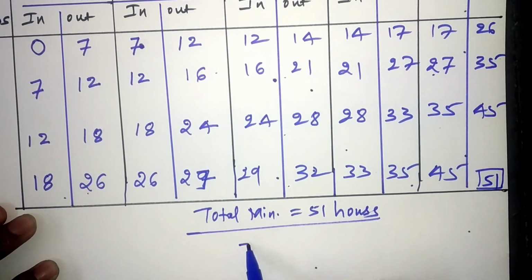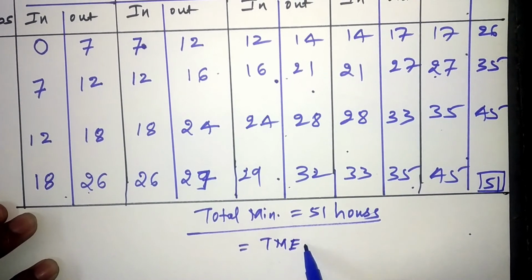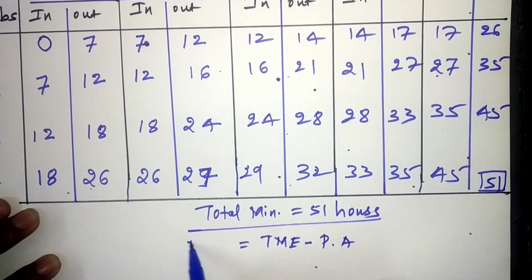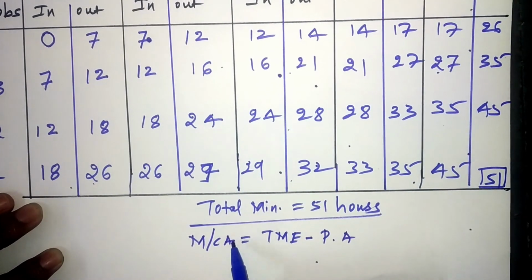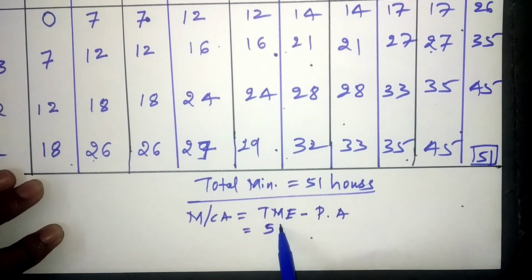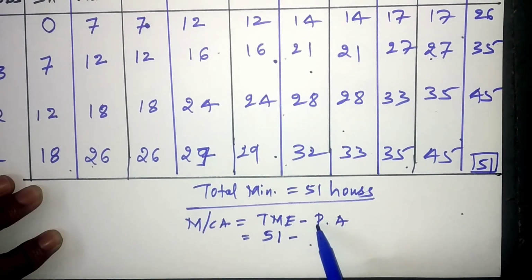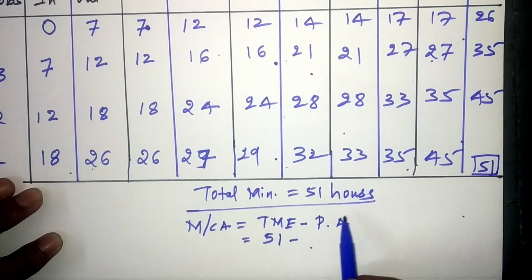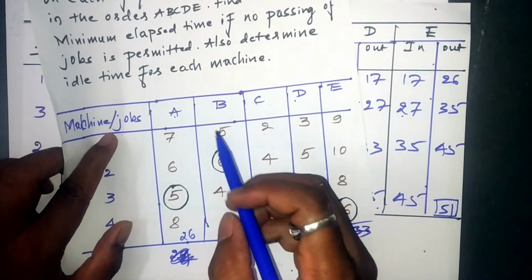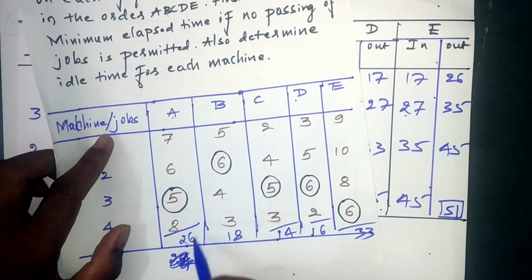The formula is the total minimum elapsed time minus the processing time of machine A. If I am finding the idle time for machine A, I have to subtract from this 51, my total minimum elapsed time, the total processing time on machine A. When I add the timings for machine A, I'll get a total of 26.